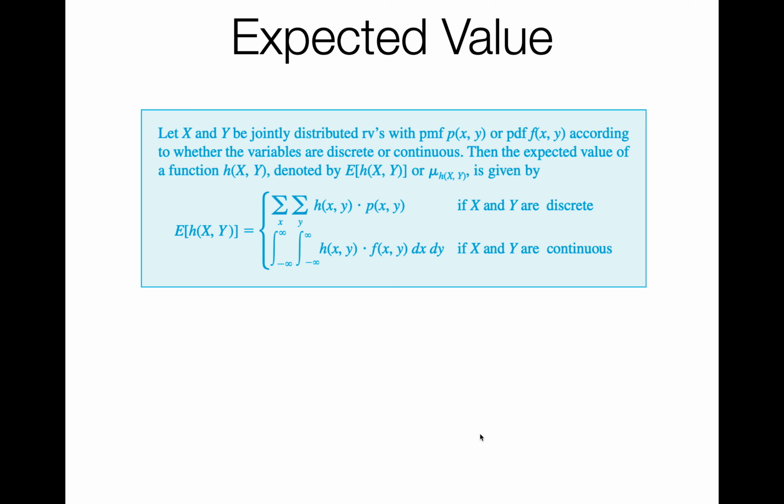Just as before, to find the expected value of a function of the random variables x and y, you multiply whatever that function is by the probability distribution, and then it's a double sum or a double integral over that. So that's expected value.